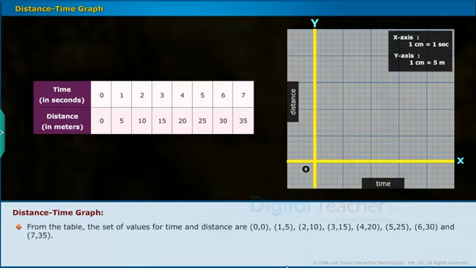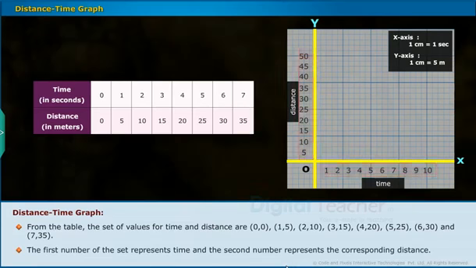From the table, the sets of values for time and distance are 0, 0; 1, 5; 2, 10; 3, 15; 4, 20; 5, 25; 6, 30; and 7, 35.